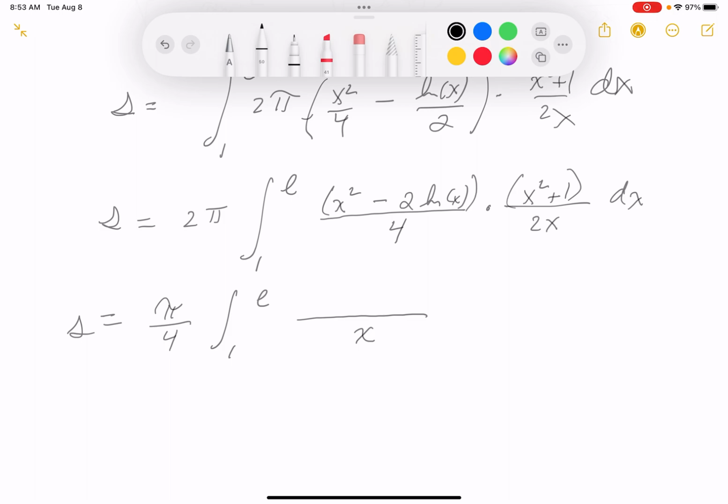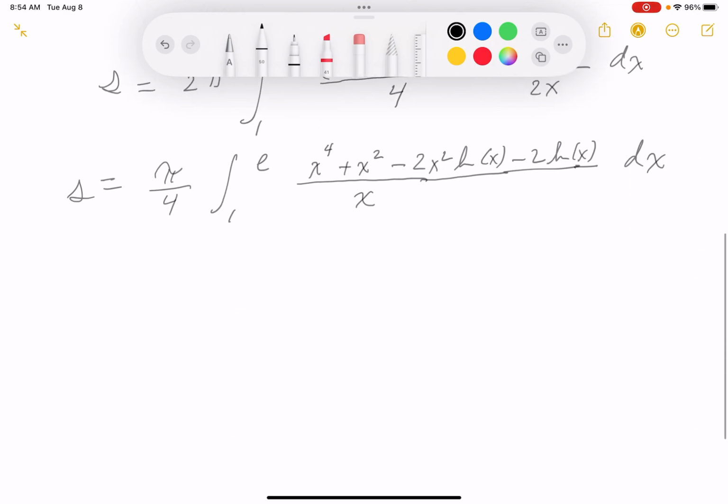You get x to the 4th, plus x squared, minus 2x squared ln x, minus 2 ln x, dx. Let me see if I did okay with that. x to the 4th, plus x squared, minus 2x squared ln x.